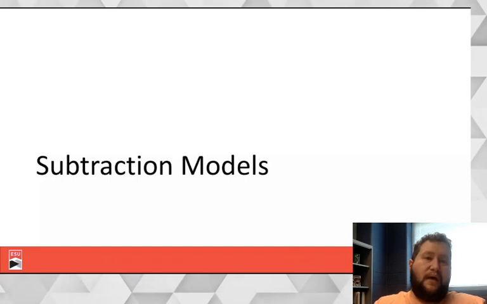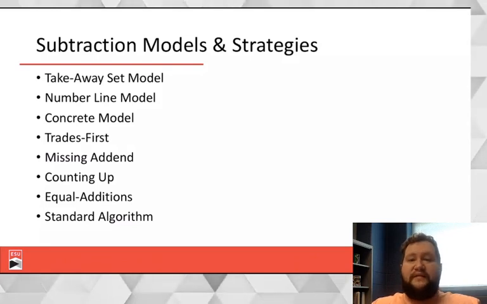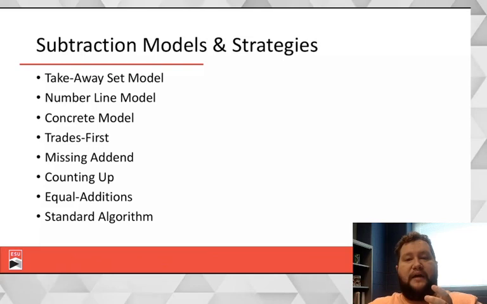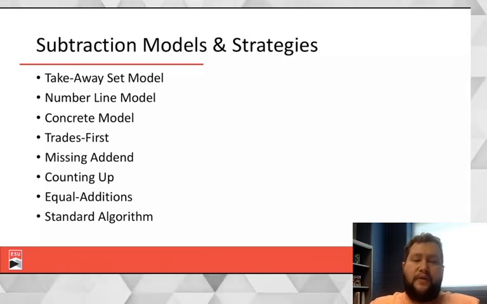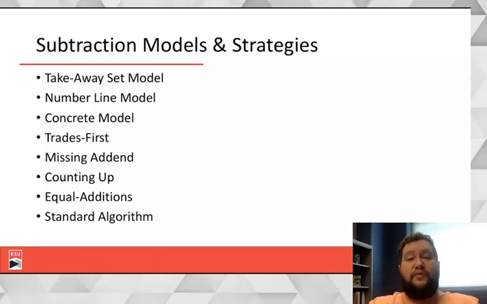Just like last time, roughly in order of sophistication, we have our takeaway set model, where we have one group and we take some amount away and see what's left. Then our number line model, where we start at a number, and instead of moving towards the right and adding, we move to the left towards 0 and take away some of that length.